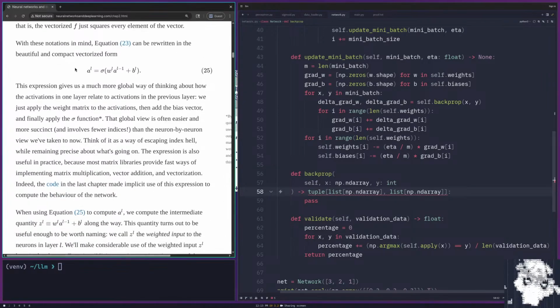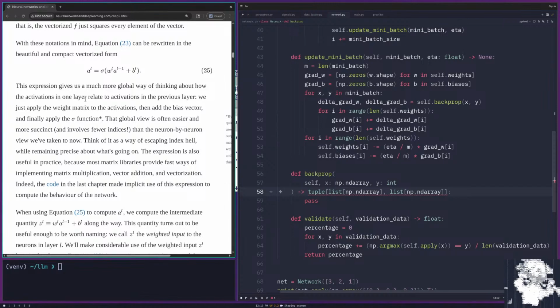With these notations in mind, equation 23 can be rewritten in the beautiful and compact vectorized form: A^L, the activation of all the neurons in the Lth layer, is equal to sigmoid of, and this is going to be a vector, the matrix W for that layer, matrix multiplied with the activation of the previous layer, plus the vector of biases of this layer.